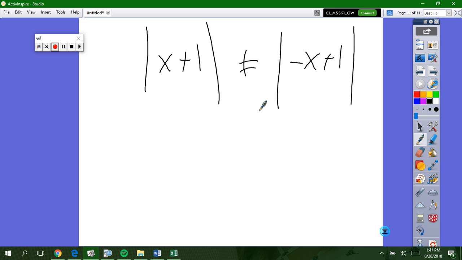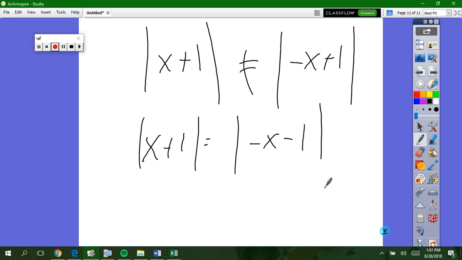Now, x plus 1 is equal to y. No, they don't. It's not because they're both negative. Well, in a way, I guess. But I can actually factor out a negative.